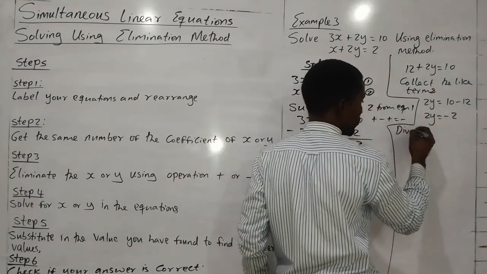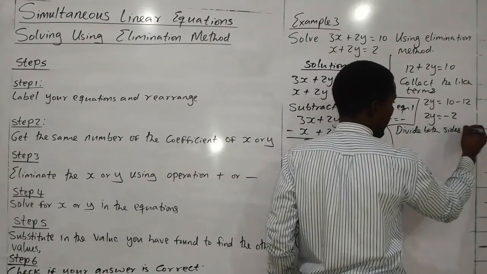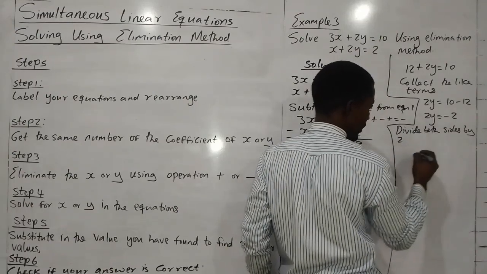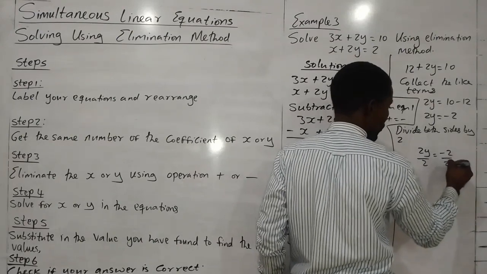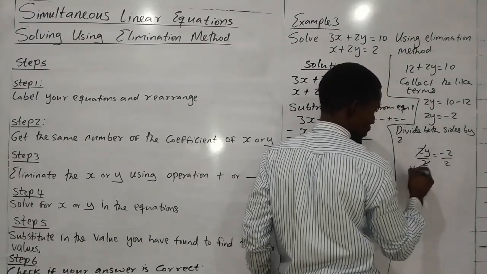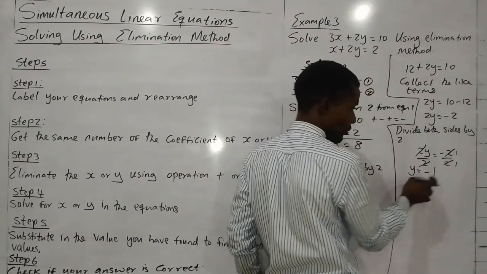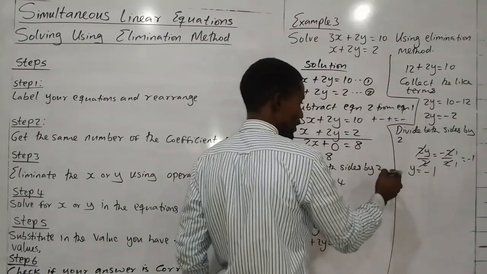The next thing I need to do is to divide both sides by 2, which is the coefficient of y. So I have 2y over 2 equals minus 2 over 2. 2 cancels out 2 here. So y will be equal to 2 here 1, 2 here 1. So y will be equal to minus 1 because 1 over 1 will still give you 1. So y equals minus 1.